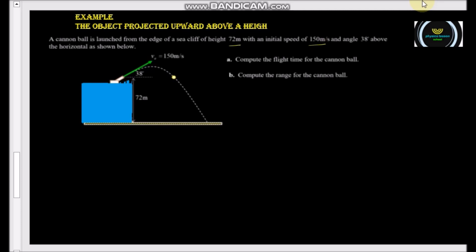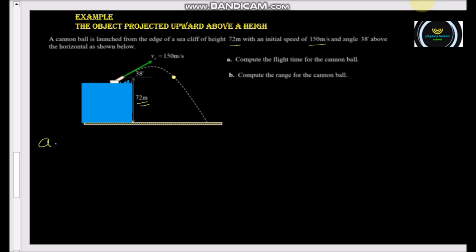This is an object projected upward from a certain height, that means 72 meters. Under A, you are required to compute the flight time for the cannonball. Now let us start A.